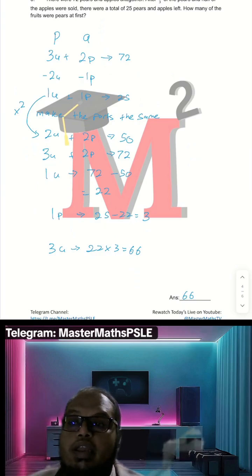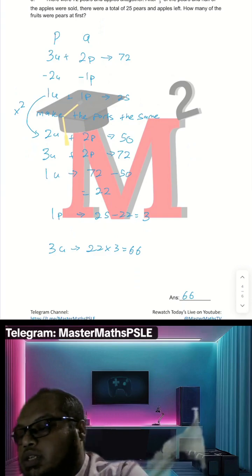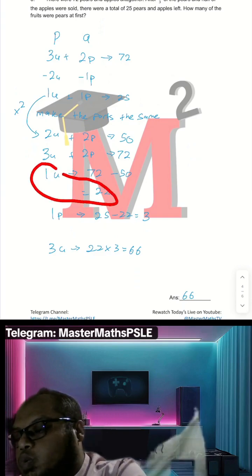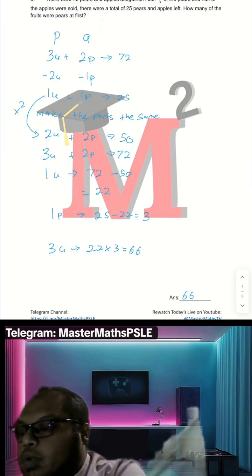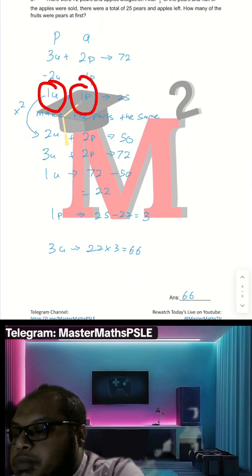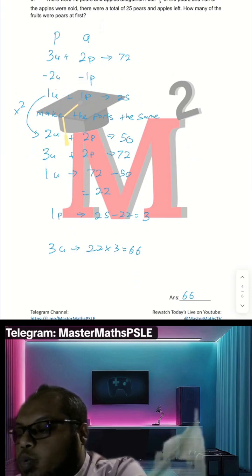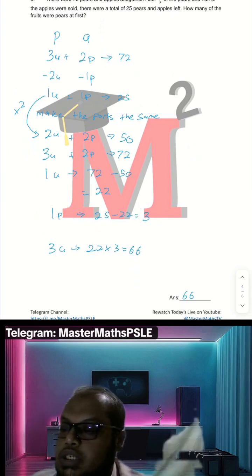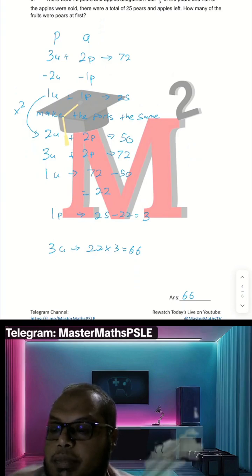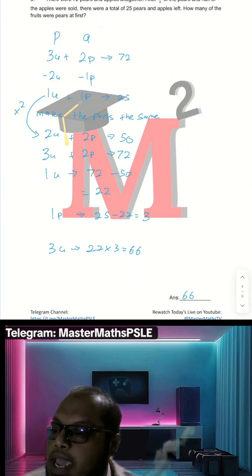So 1 unit is 22. To find 1 part, because I know that 1 unit plus 1 part gives me 25, I subtract and get 3. Now they want to know how many of the fruits were pear at first.